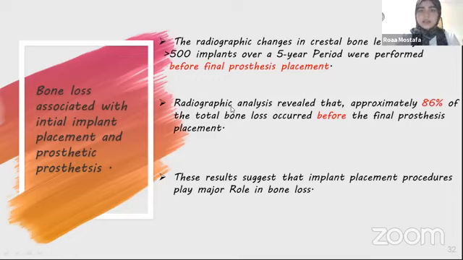And most of the bone loss occurs due to the implant positioning or the prosthesis procedures such as impression taking, displacement of the gingiva, and all this. This can cause inflammation and bone loss. But the final prosthesis has nothing to do with the bone loss, if it's properly done, of course. Yes.